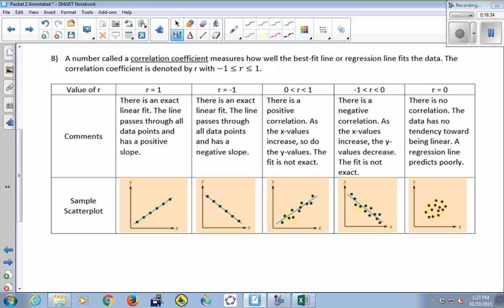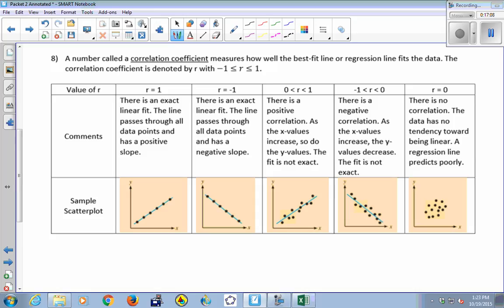If R is between 0 and 1, there's a positive correlation, which means as x values increase, so do the y values. But the fit is not exact. If you get a negative value for R, that's called a negative correlation. Again, it means that as the x values increase, the y values decrease this time, and the fit is not exact. So we have a negative sloped best fit line. And when r is 0, that means there is no correlation.